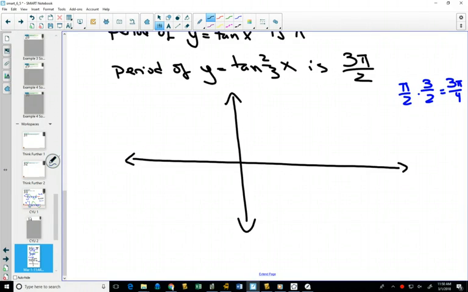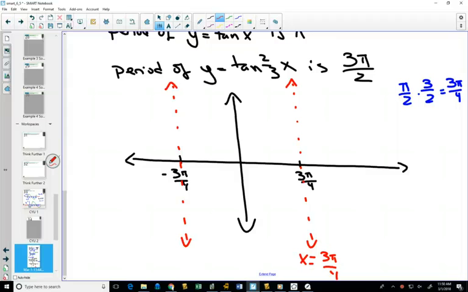So I'm going to mark 3 pi over 4 sort of in an arbitrary spot, and I'm going to draw an asymptote at 3 pi over 4. Similarly, on this side, I'm going to mark negative 3 pi over 4 and draw an asymptote there.